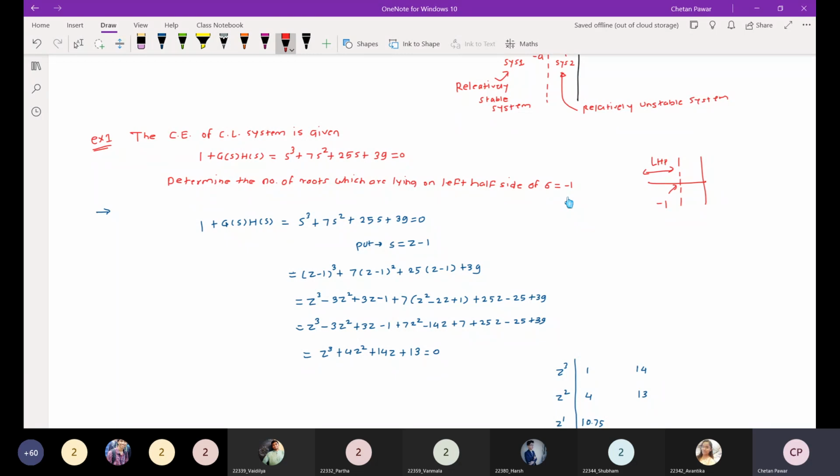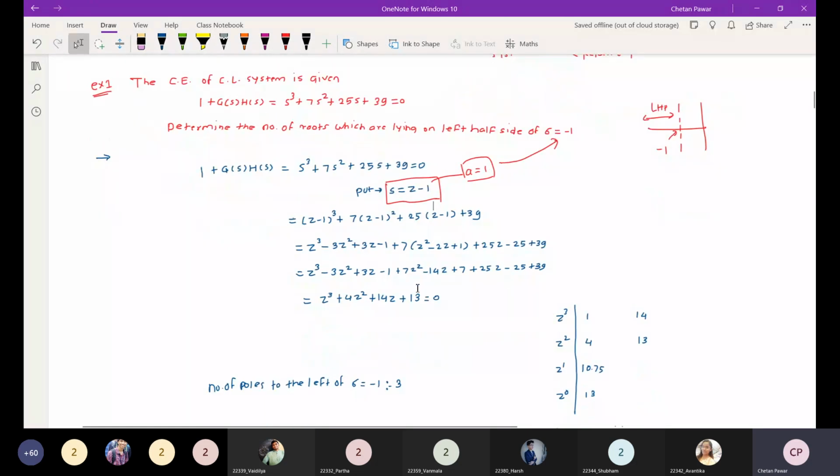What you just need to do is put s equal to z minus 1, because here A is 1. Put s equal to z minus 1 in the characteristic equation of the system, and solve that.